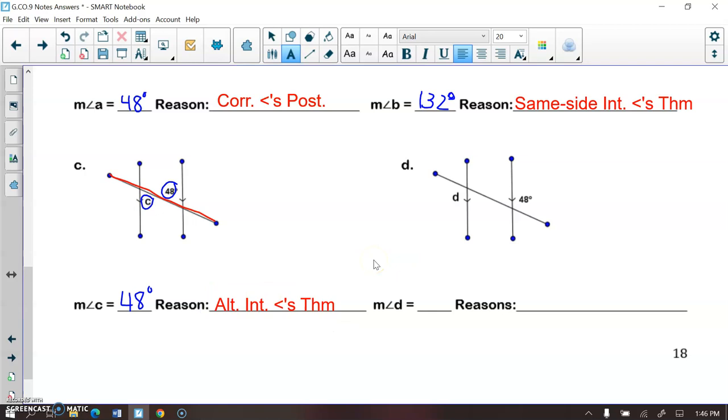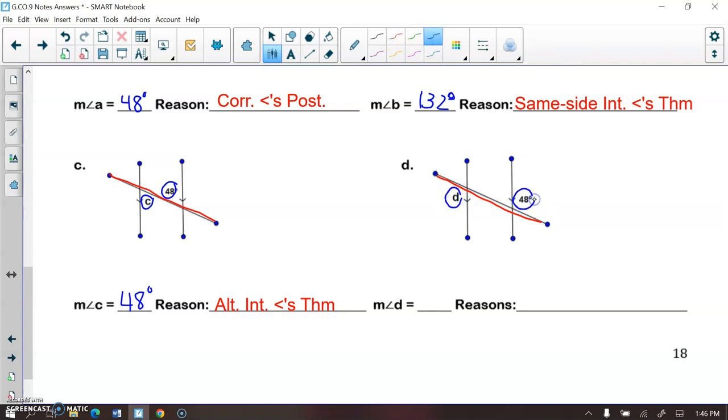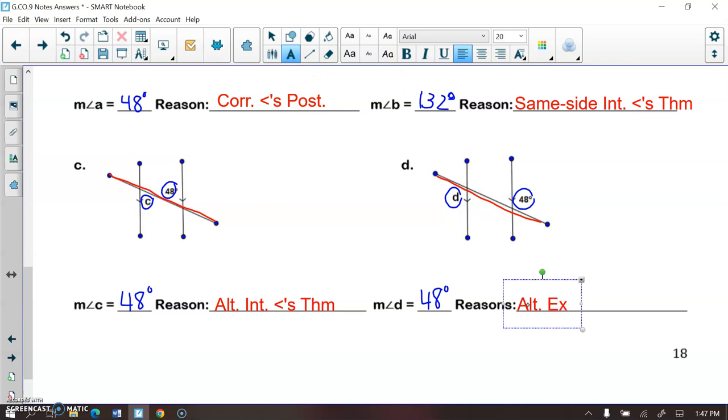And then my next one, looking at my transversal, angle D and the 48-degree angle are on the outside of my parallel lines and on opposite sides of the transversal. So angle D is 48 degrees because they are alternate exterior angles.